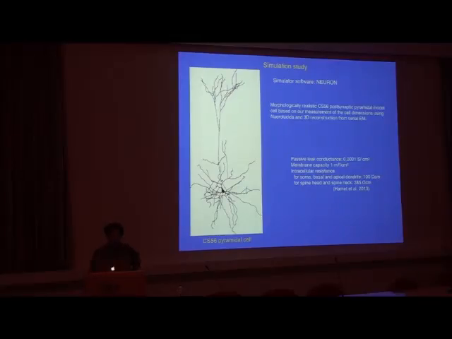And then we add passivity, conductance, and dendritic capacity. They are pretty much general values of the model cells. And then we use the resistance 100 ohm centimeter. This is also pretty much general.